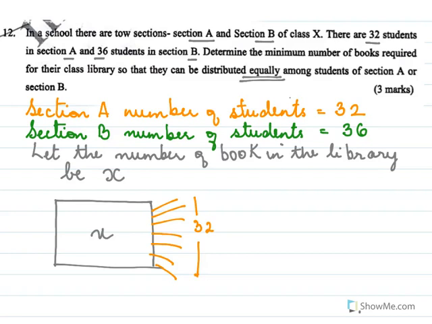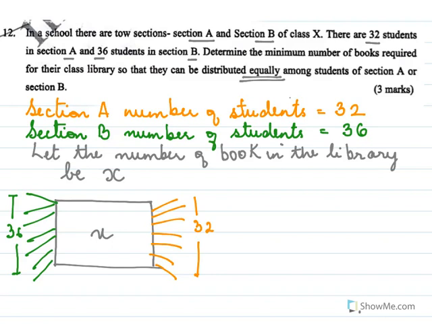So you'll definitely agree that X has to be a multiple of 32. And the same books X have to be also distributed equally among 36 students. So X should also be a multiple of 36.